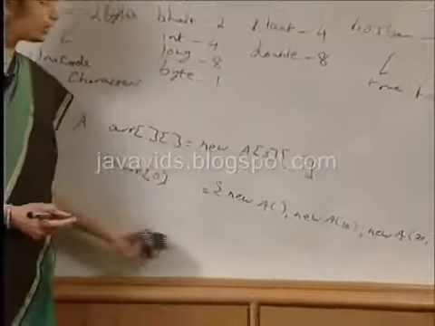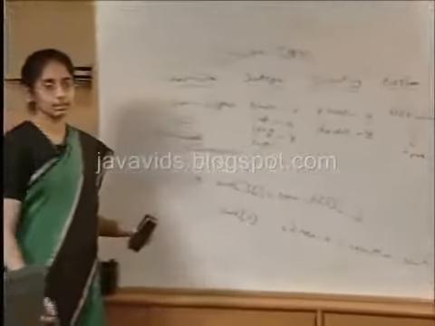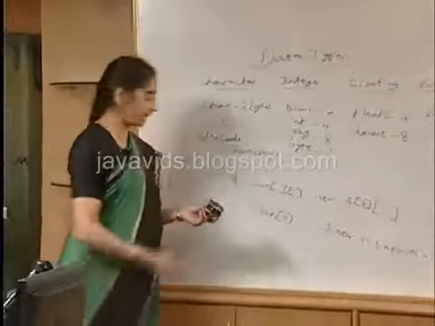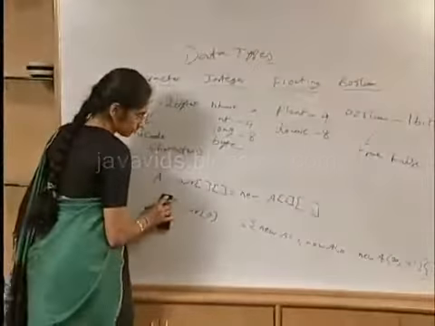Similarly, for the next element, you can have 10 elements. So you can have different lengths for an array in 2 dimensions.